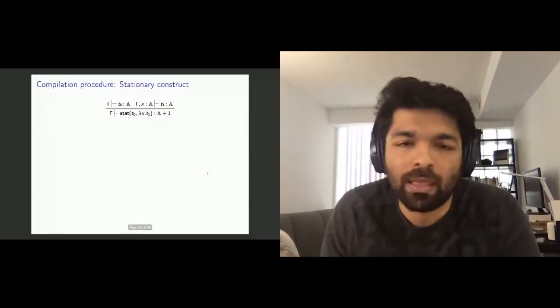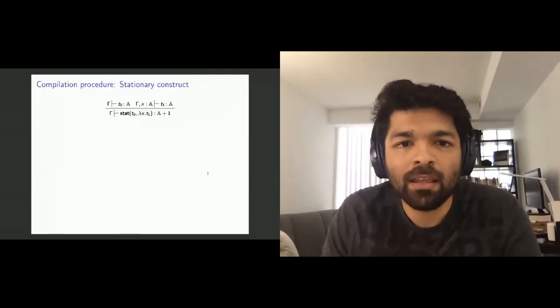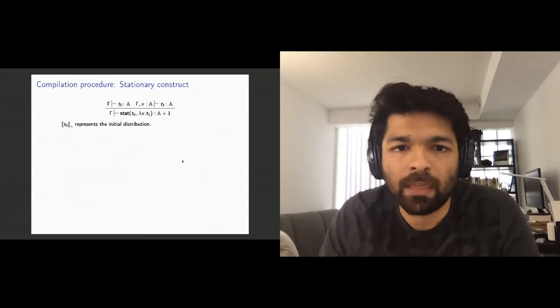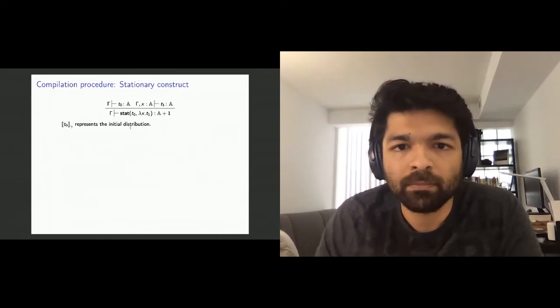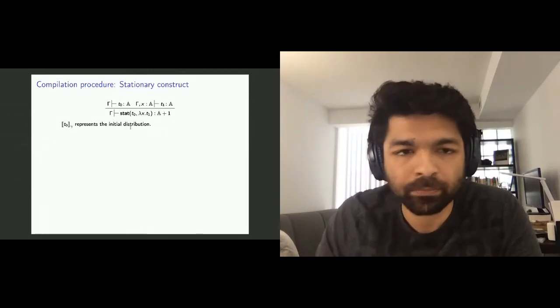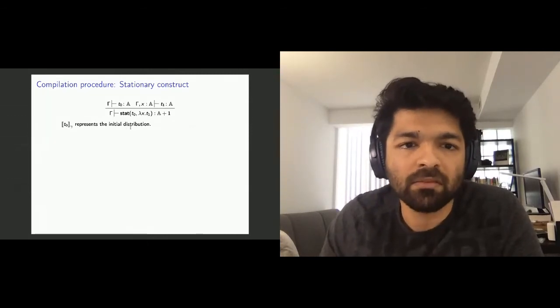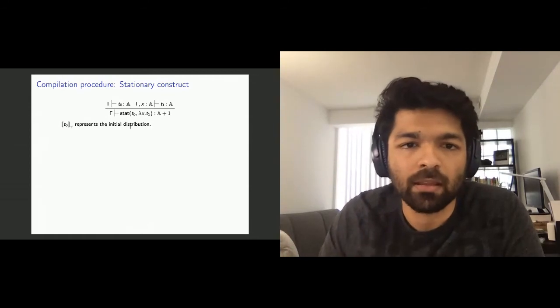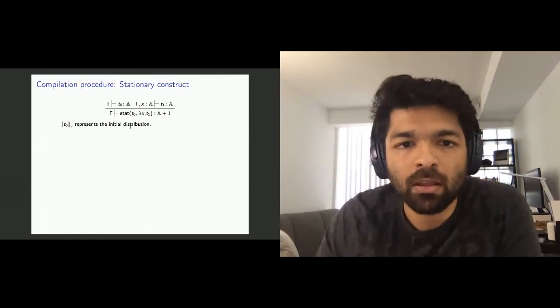So we propose this new language construct, stat, that takes as input an initial distribution T0 over the space A, or some arbitrary space, and takes in a transition kernel T1.